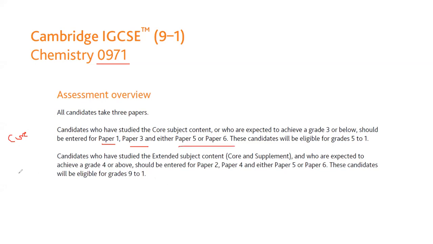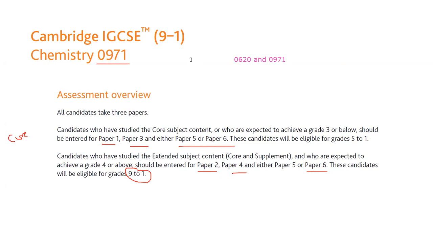But if you select the extended one, then you will select 2, 4 and 6 and the maximum grade is 9 to minimum 1. So simply there are two codes. The first one is 0620 and 0971.